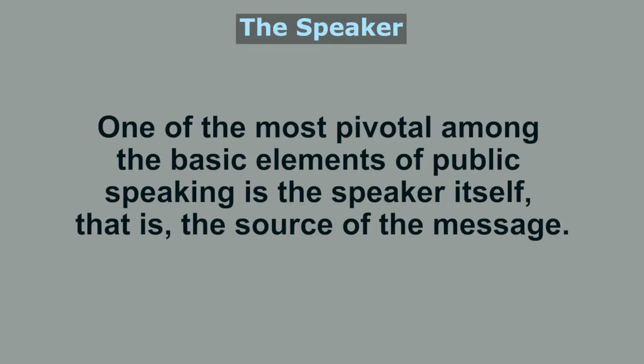One of the pivotal among these basic elements of public speaking is the speaker itself. It is actually the personality, the charisma, the content, the way the speaker speaks, the knowledge, everything combined.